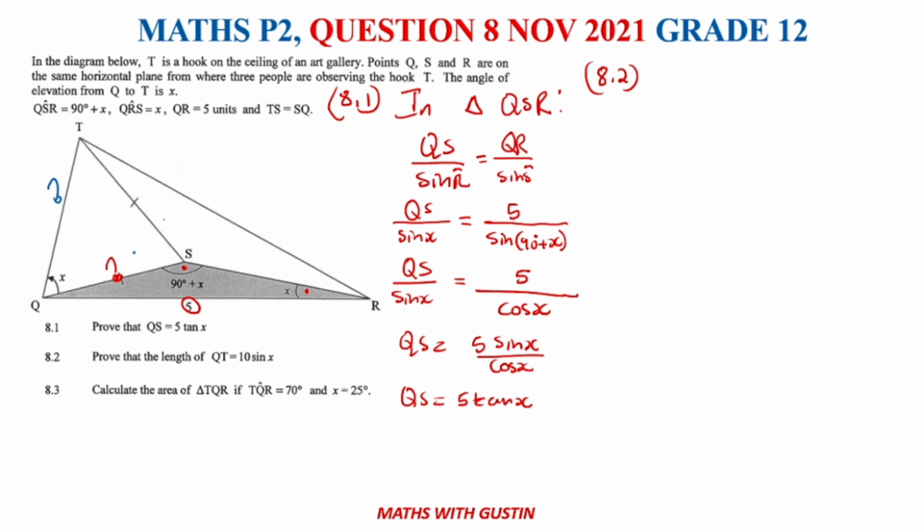Initially we just proved that QS is equal to 5 tan X, but we also know that this side is equal, as stated in the question. TS is equal to QS, so we can also write here that this is equal to 5 tan X as well.